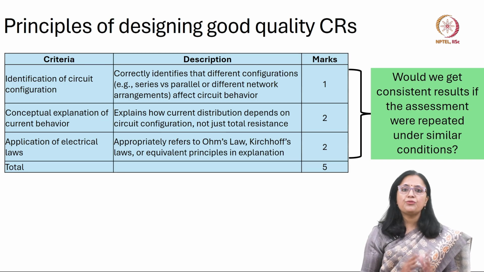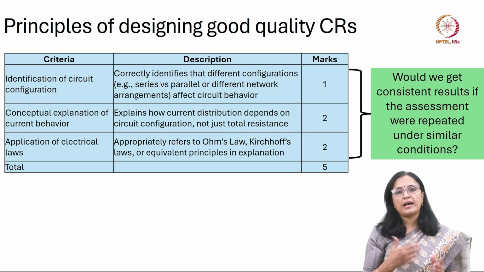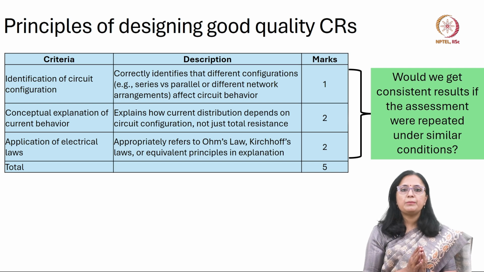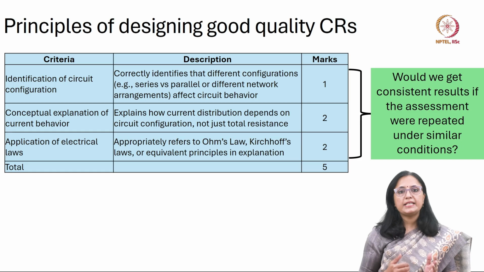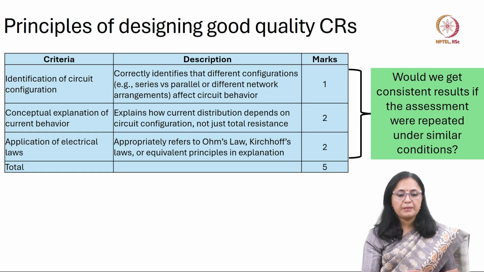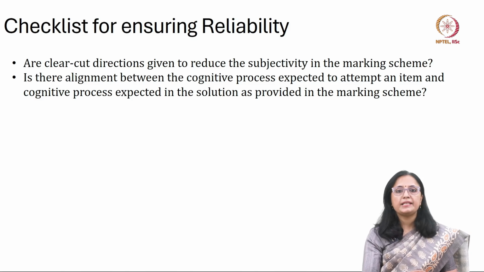And the ability of a student to back up the arguments with certain laws or theories is also given 2 marks. So there is a close alignment between the expectation from the question and the criteria defined in the marking scheme. Both these aspects need to be checked while designing the marking scheme for a constructed response question.